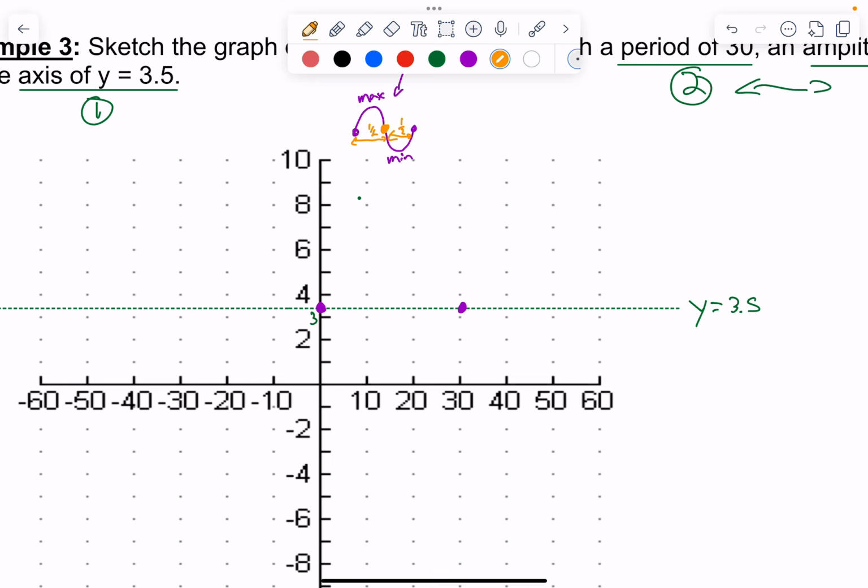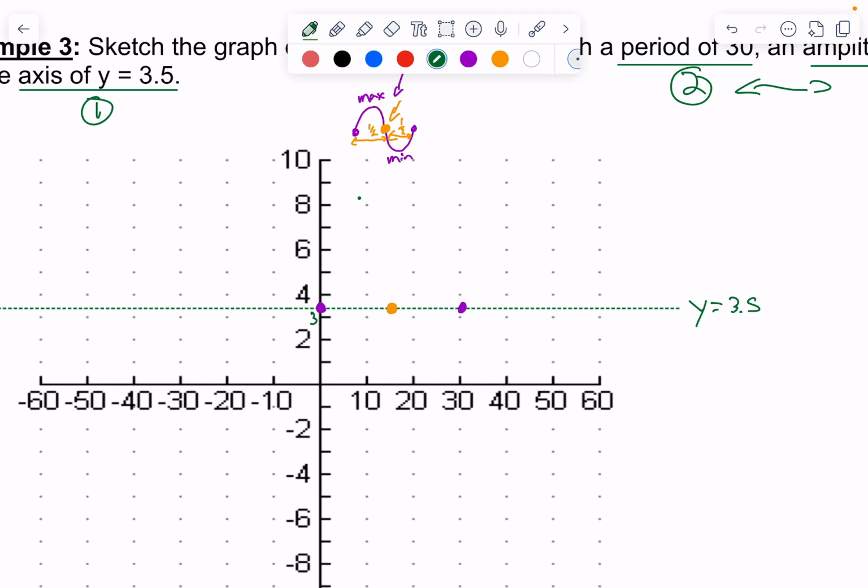The halfway point is going to be somewhere in this region, exactly in that region, halfway between your max and min. So this yellow dot right here will cut your graph in half like that. That's why I think starting with the period is the next best option. So you can see your graph will have a maximum in this region and a minimum in this region.